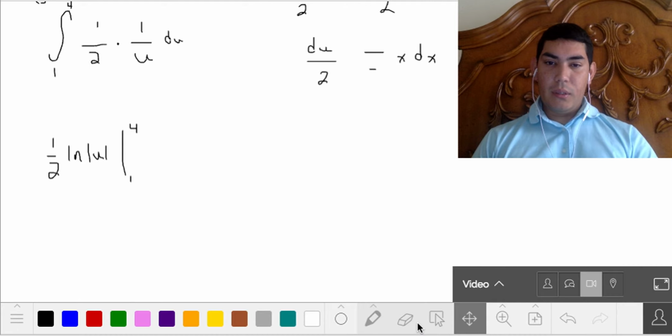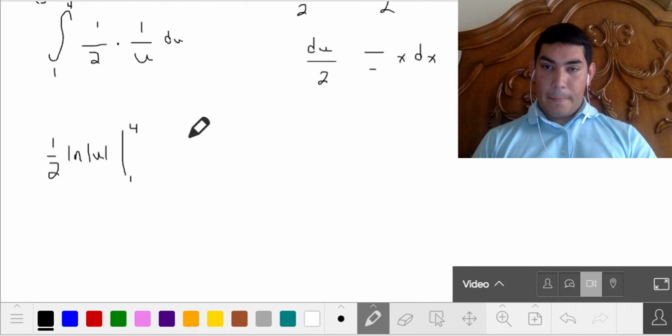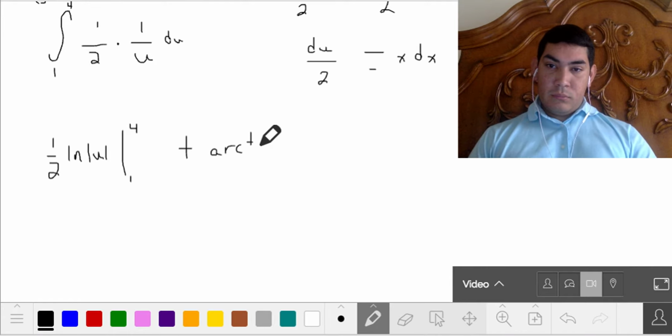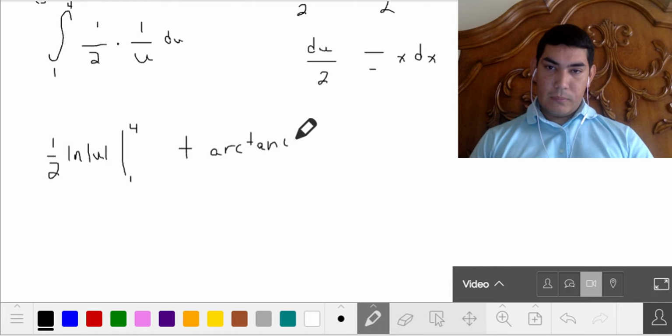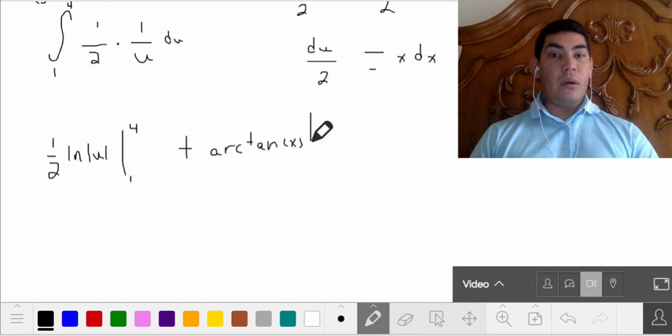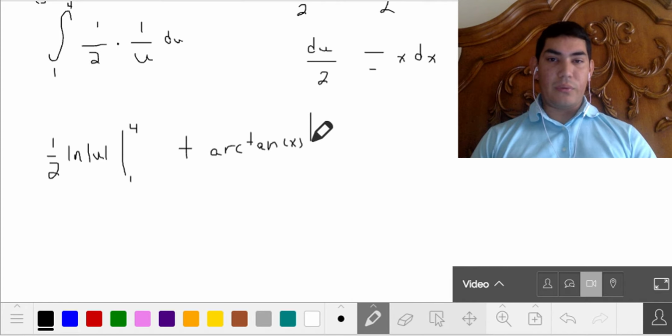So here I'm going to write plus the arctangent of x. And our boundaries are still 0 and the square root of 3.